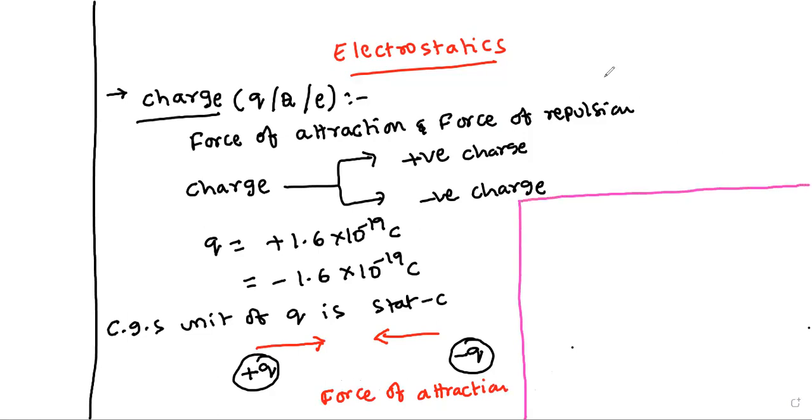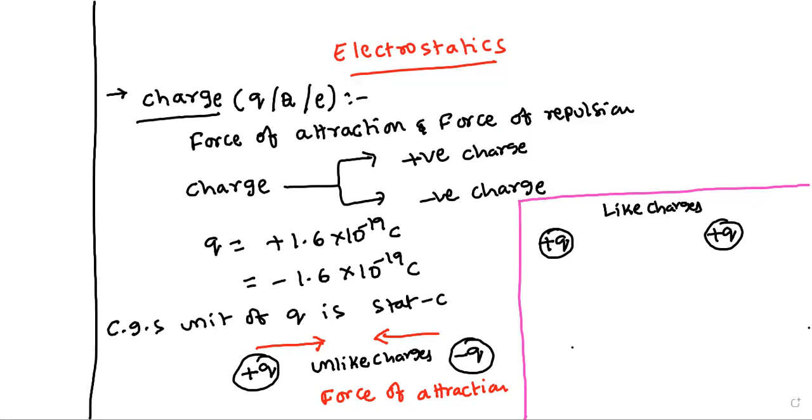Similarly, we are having the force of repulsion. Let us consider here I am having a positive charge and another positive charge. They will repel each other. This one is like charges, same charges. I can also consider the two particles as both negative particles.